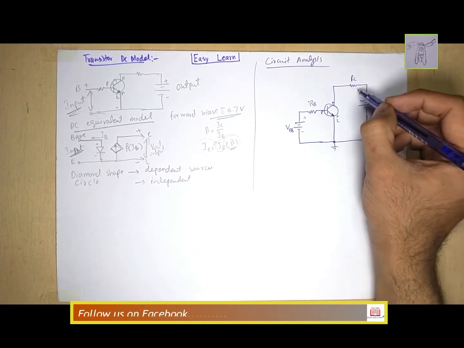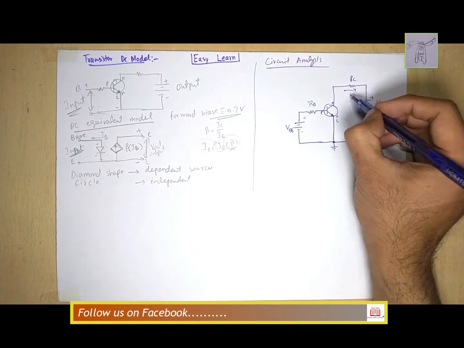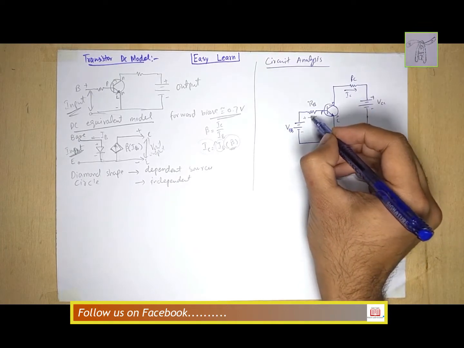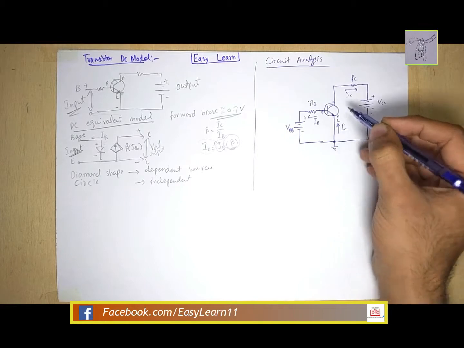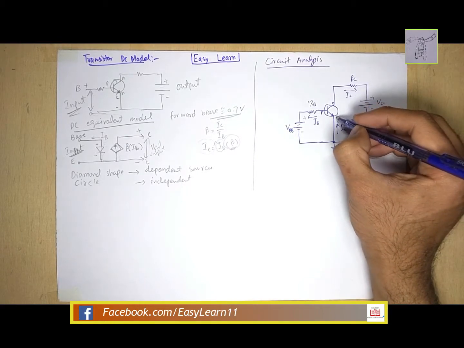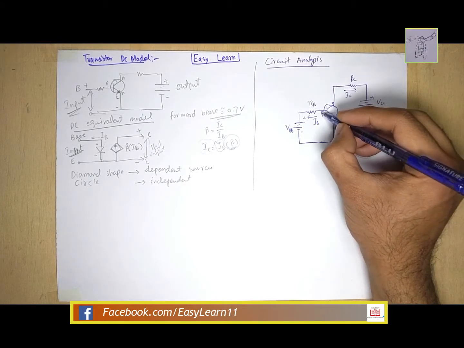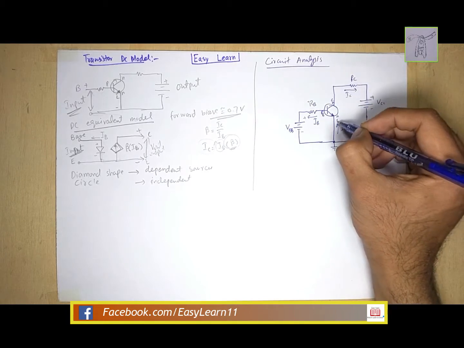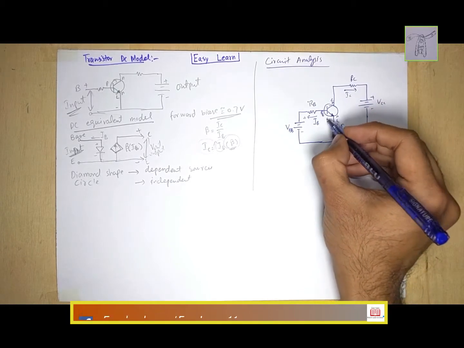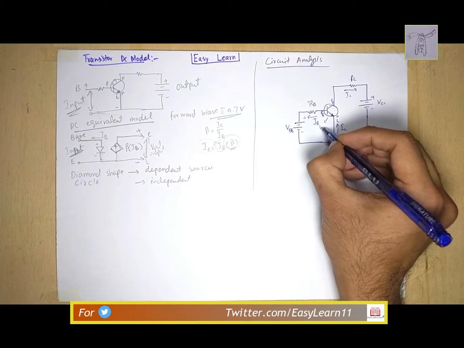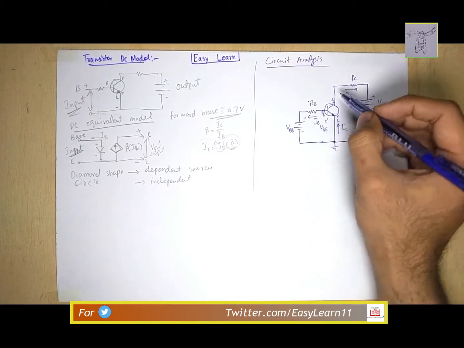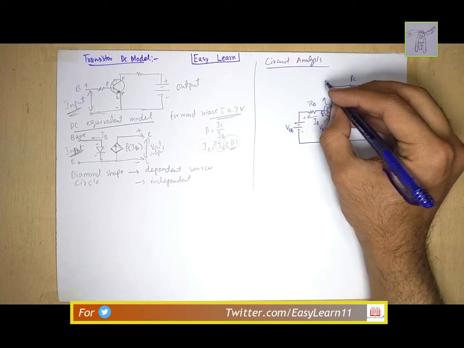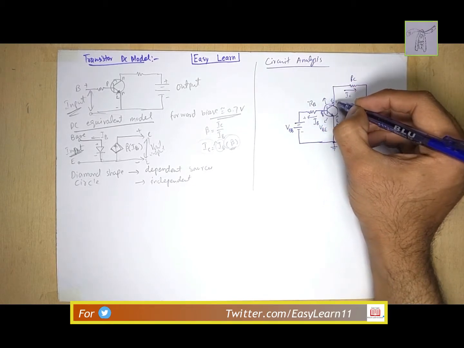So here the currents are: this current flowing is IC, this current is IB, and here this current is IC. Remember that this is the emitter region, this is the base region, and this is the collector region. The depletion region between emitter and base is called VBE.